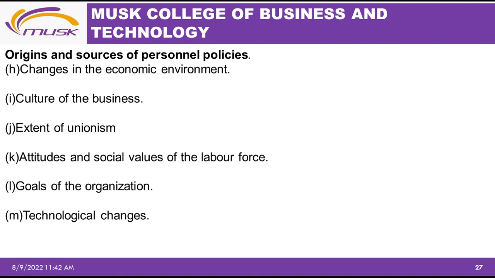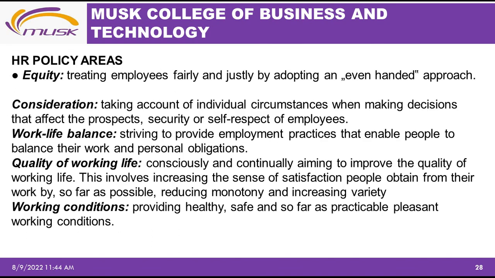Then we have technological changes, changes in technology. Like I said before, we are now adopting policies around the use of what we call virtual offices, Zoom platforms, all that. We can develop policies around flexi-time working hours within the organization, so that you can work from wherever you are. HR policy areas: we have equity. This is simply treating employees fairly.